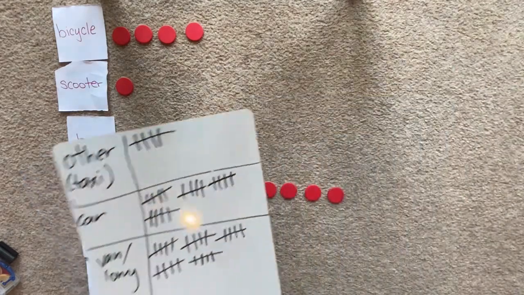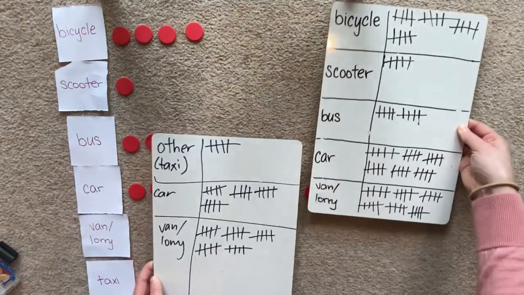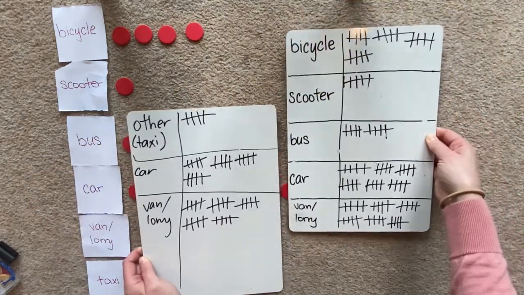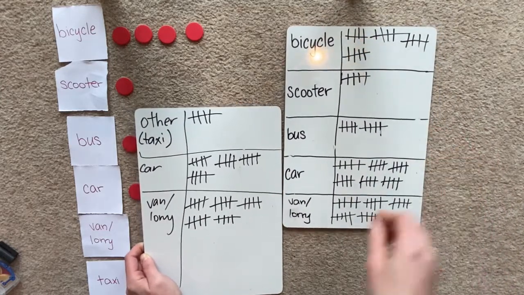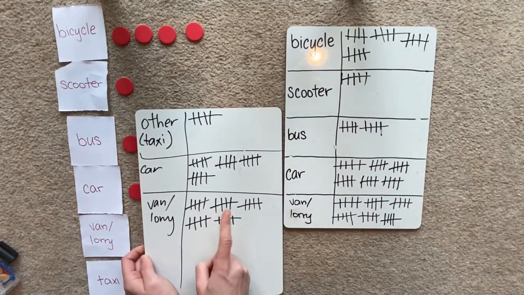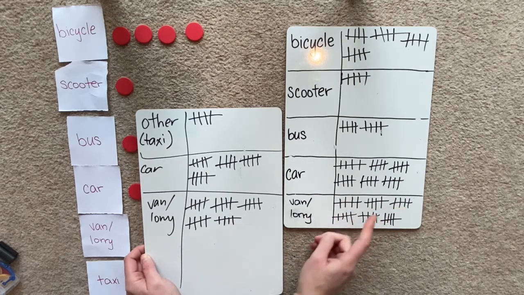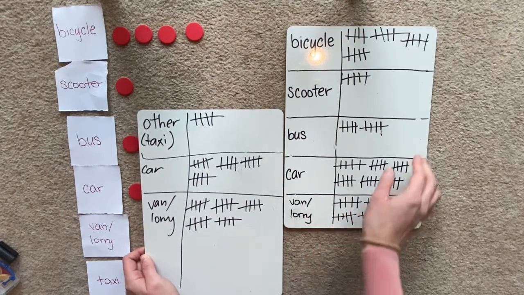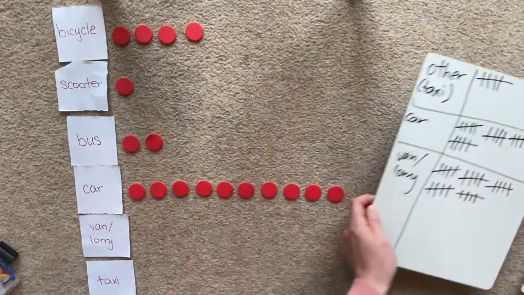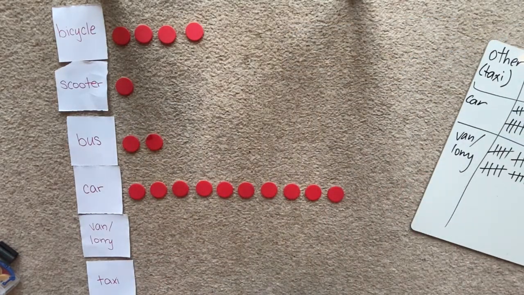Let's see how many vans or lorries I saw. Line that up. I saw 5, 10, 15, 20, 25, 30, 35, 40, 45, 50, 55. I saw 55 vans or lorries.